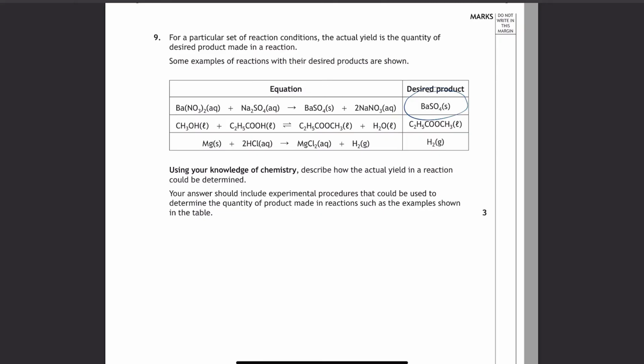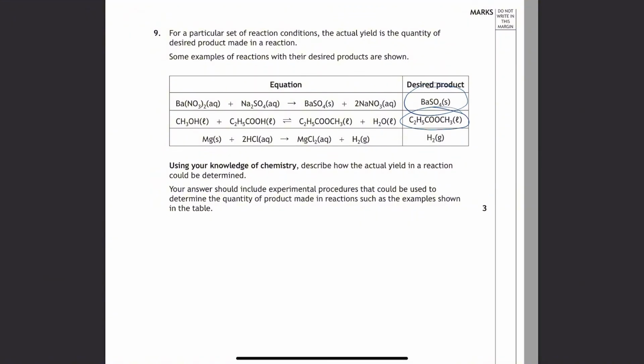For this one, which is a liquid, you would again just do the mass of the liquid. So this is an ester because it's got a C-O-C in the middle. It doesn't say more. So for those two, you'd be measuring the mass and then using the percentage yield.